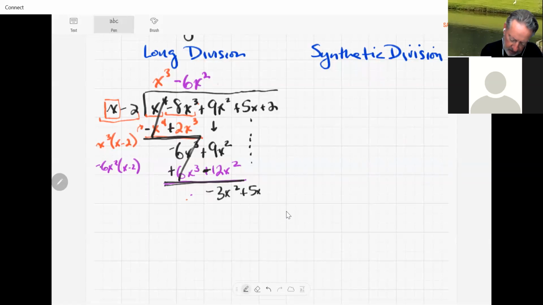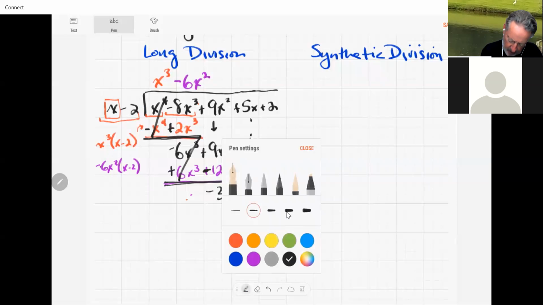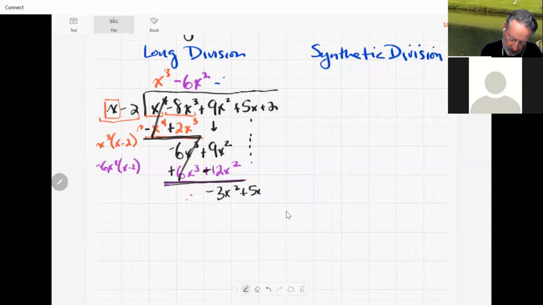Now this is going to be minus 3x times x minus 2, which is minus 3x squared plus 6x. If you like long division, I apologize for criticizing your taste.